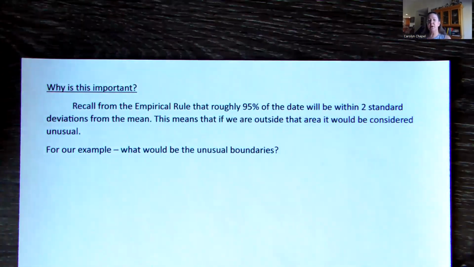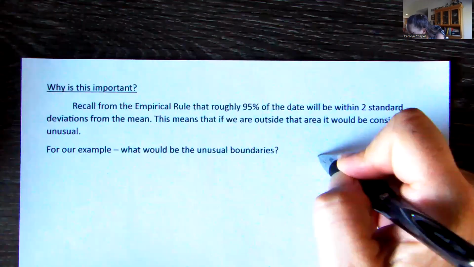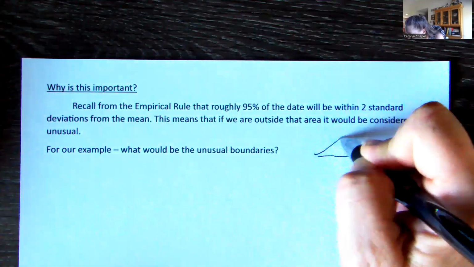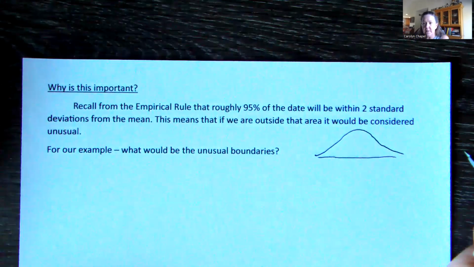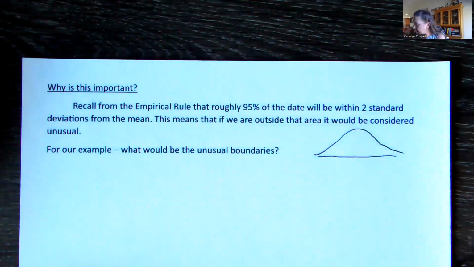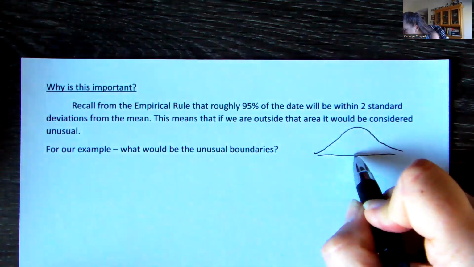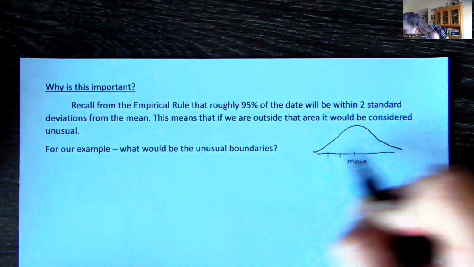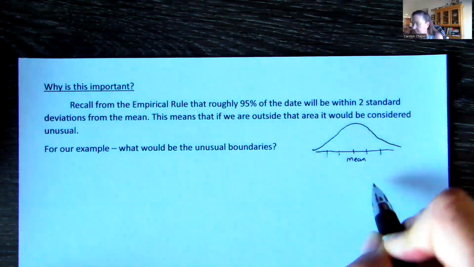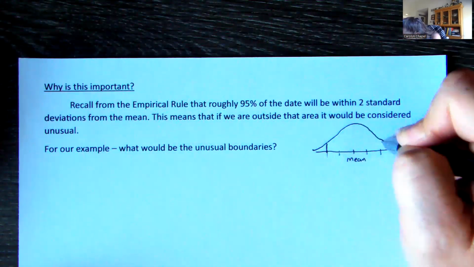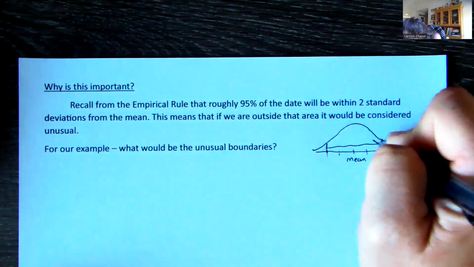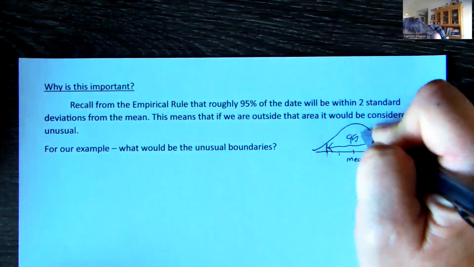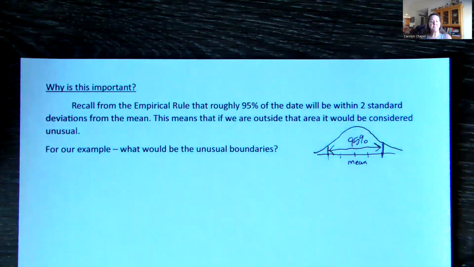If you can remember from the empirical rule, the second part of the empirical rule said that 95% of our data, if we had a bell shape, which in a binomial we get if n is big enough, that np(1 minus p) bigger than 10, here's our mean. If we went 2 standard deviations up and 2 standard deviations down, we would have roughly 95% of our data.